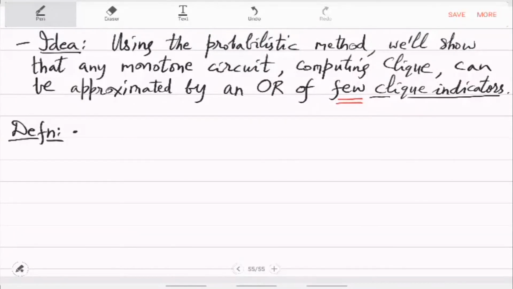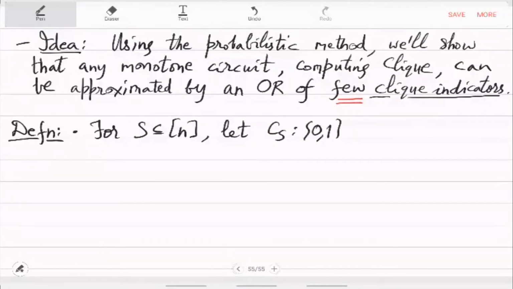So for a subset of vertices in 1 to n, let clique indicator Cs be this Boolean function. So it takes a graph, which means edges, and choose two edges.